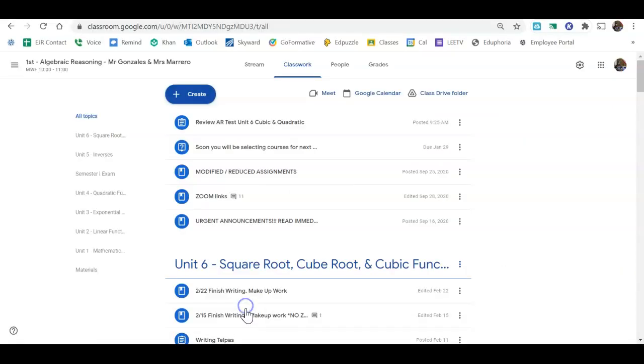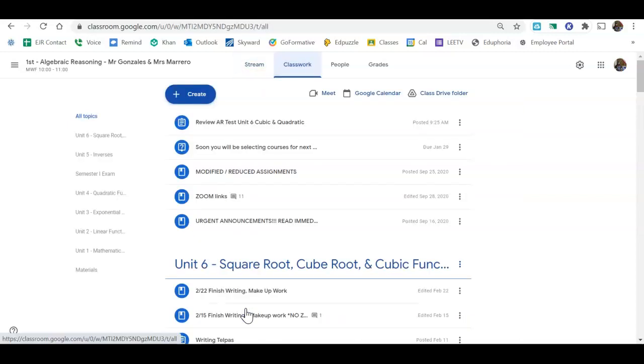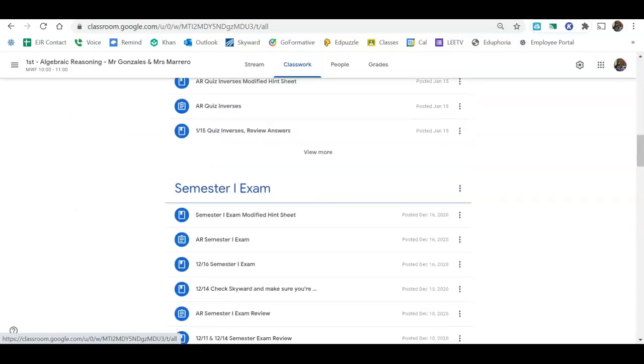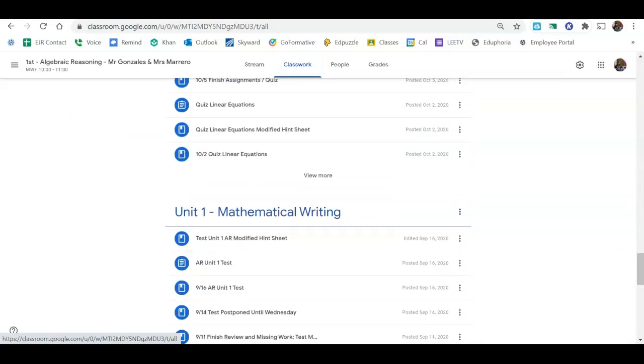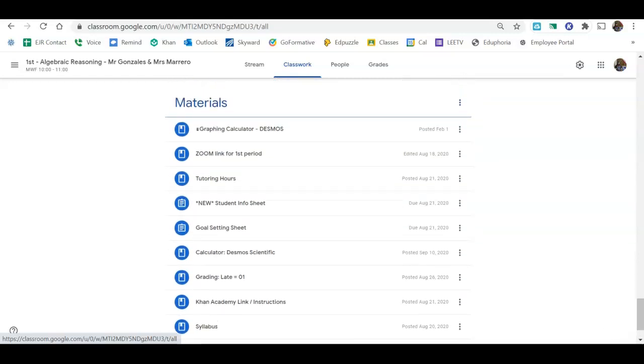Now let me remind you where that is. So if you're looking at whatever period you're in, you go to classwork. If you scroll down, down, down, all the way down to materials, it should be the very first thing, graphing calculator Desmos.